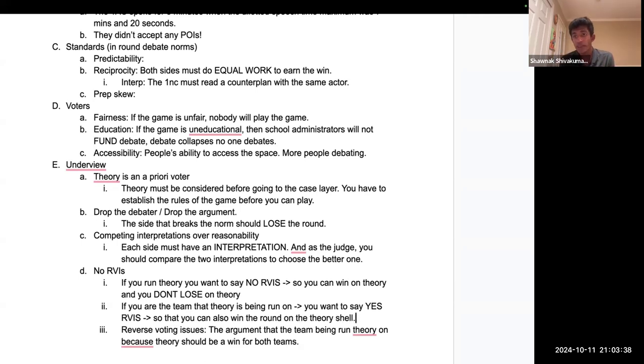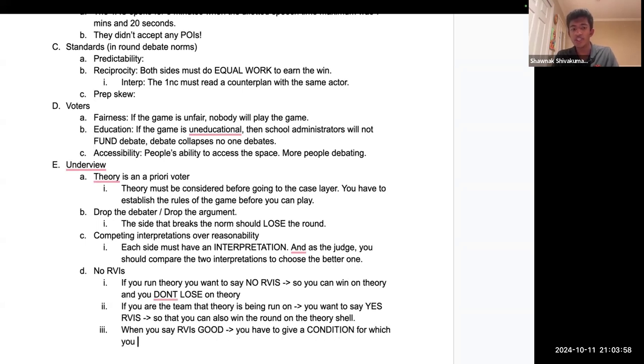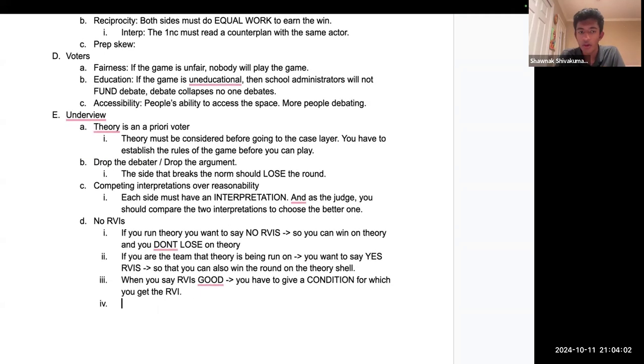Now, when giving an RVI, most people forget about giving a condition for which they get the RVI. This is very important. So when you say RVIs are good, you have to give a condition for which you get the RVI. What does this mean?